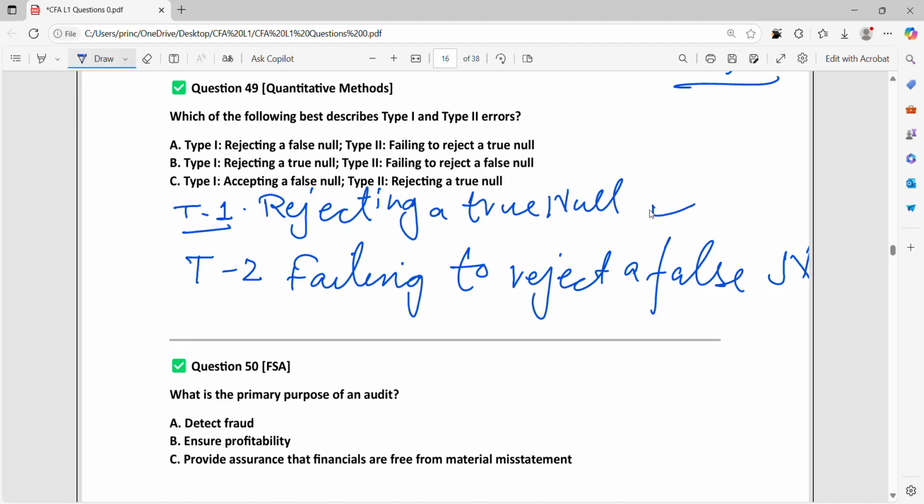Type 1: you reject the null hypothesis when it's actually true. Let's take an example like punishing an innocent person. Okay, it's a type 1 error. It is actually correct but you have rejected it. And type 2 error, you fail to reject the null hypothesis when it's actually false. Like letting a guilty person go free. Meaning the one who should be punished, you did not punish. So the correct option is rejecting a true null hypothesis and failing to reject. Yeah, the correct option is B.